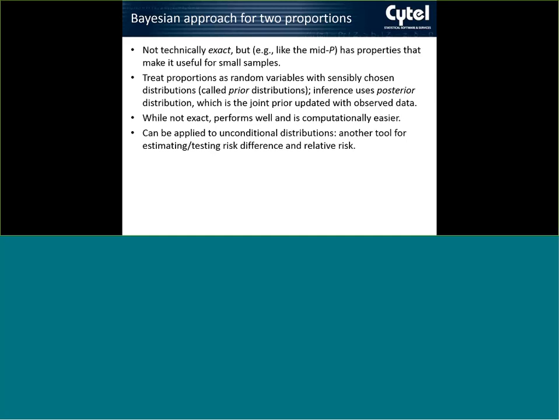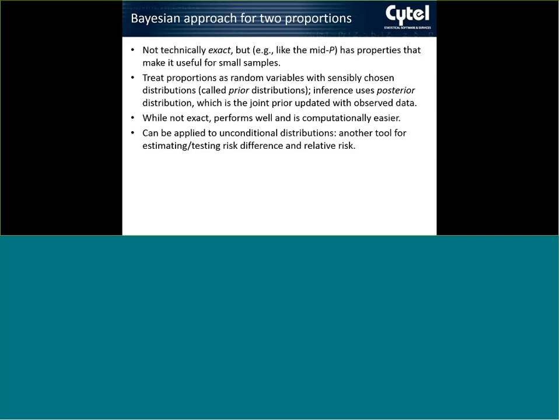And the other big advantage is that, as I said before, it can be used to do inference for the risk difference, the difference between two proportions, and the relative risk, or in other words, the ratio of proportions. Now, exact inference for the odds ratio is typically performed conditionally, and so it's computationally a little easier than exact inference for a risk difference or a risk ratio.